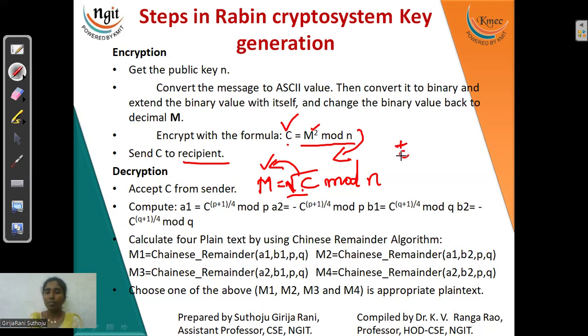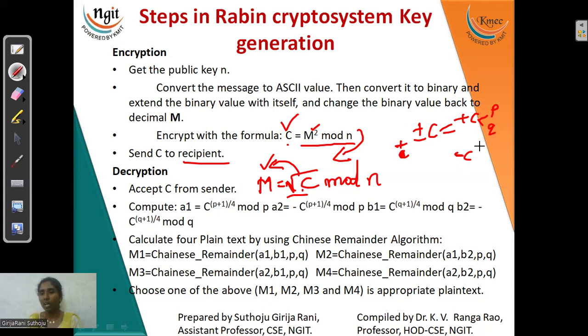So I may have plus C and minus C. Now, after this plus or minus, I will calculate with the private key p, and the private key q.